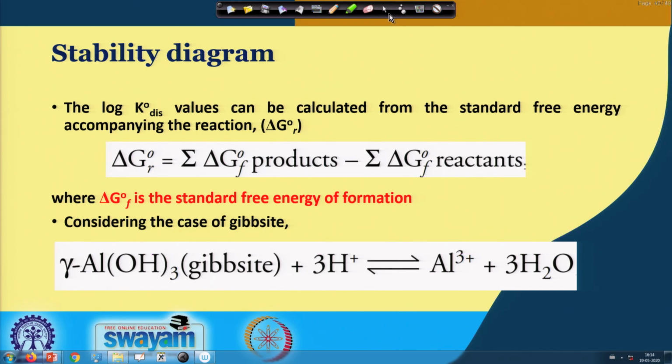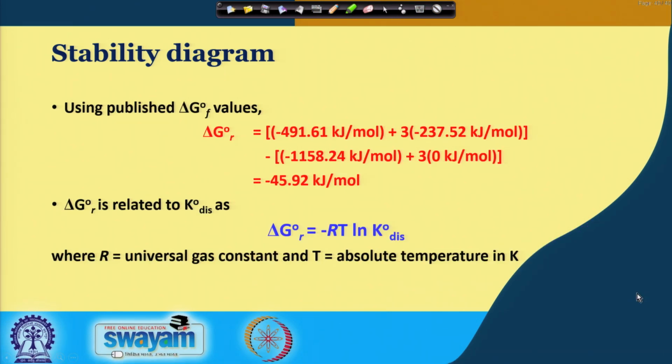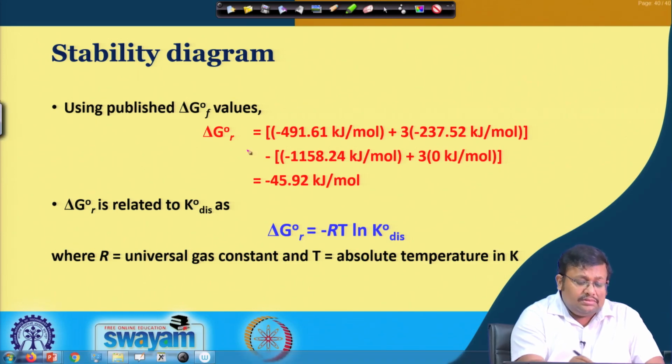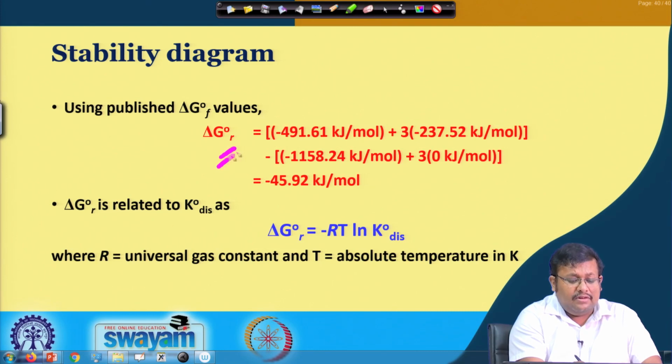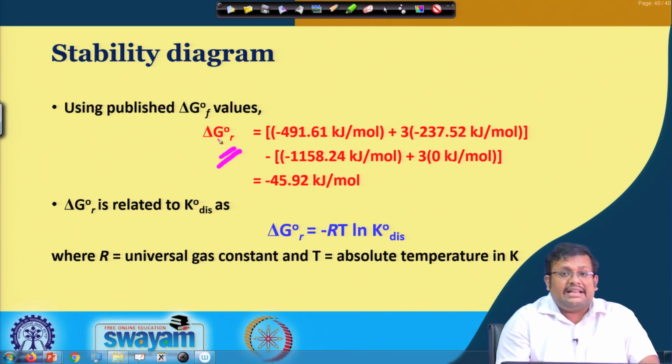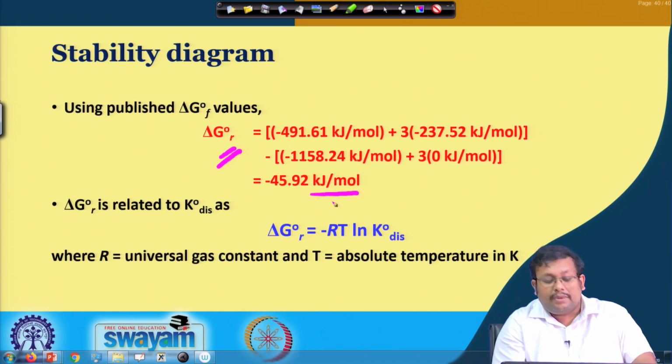We already have seen this. So, using the published values, we can calculate the value of this particular delta G0, which is minus 45.92 kilojoule per mole.